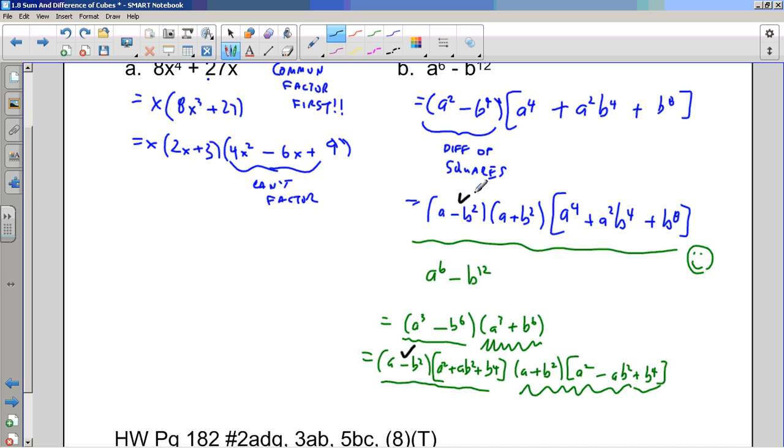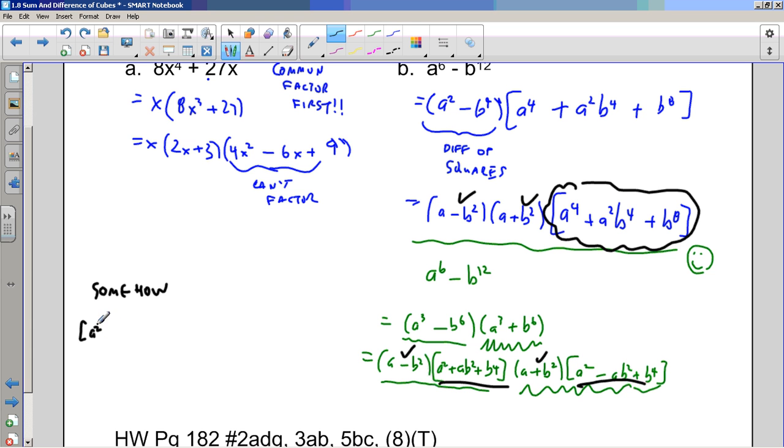Check, check. What's all this other stuff? Well, somehow this must factor into this. Somehow a to the exponent 4 plus a squared b to the exponent 4 plus b to the exponent 8 is equal to a squared plus a.